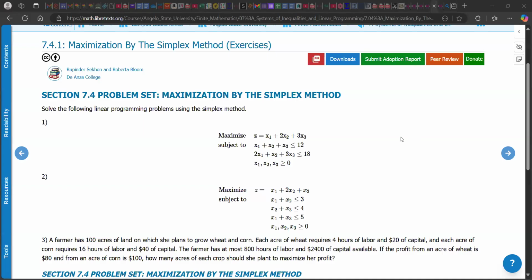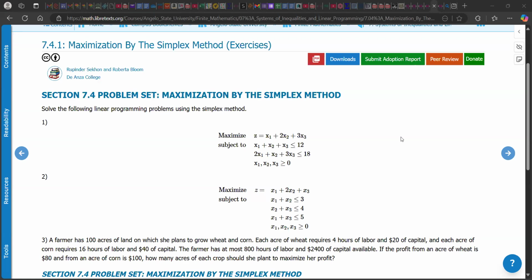Good. So we want to transition from solving these linear programming problems by a graphical approach to what you refer to as the simplex method.